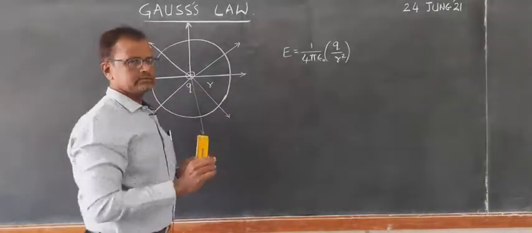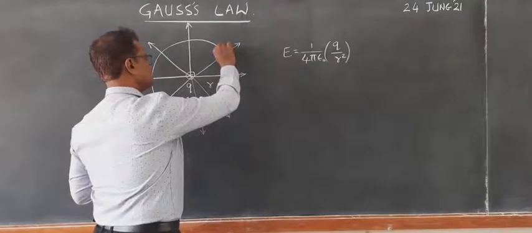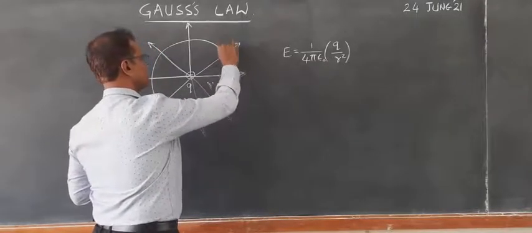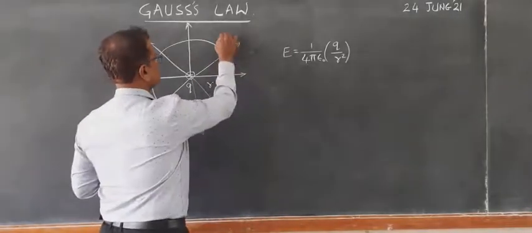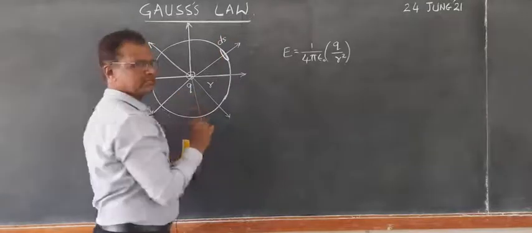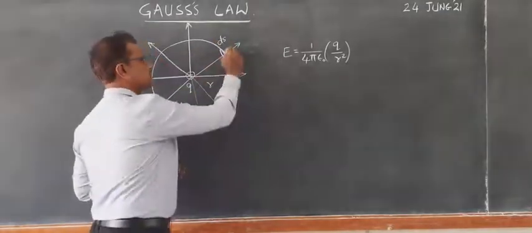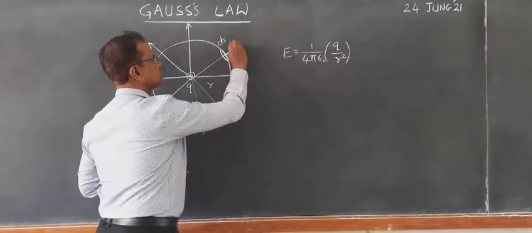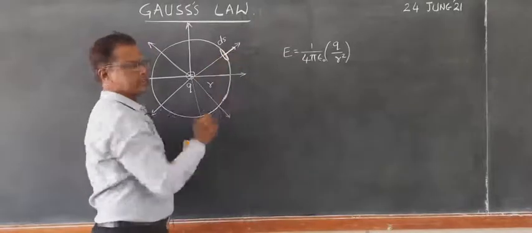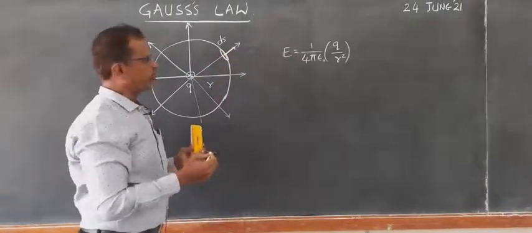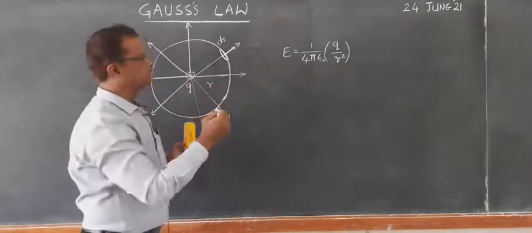For that, the procedure we followed earlier, we choose a small surface ds and draw the normal. The normal drawn to this spherical surface is along the radius, radially outwards.